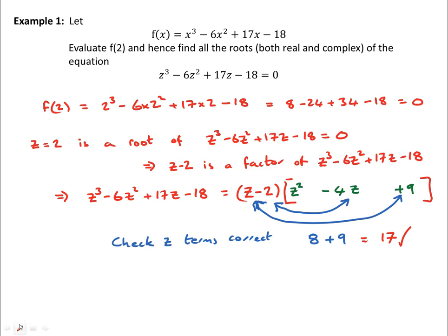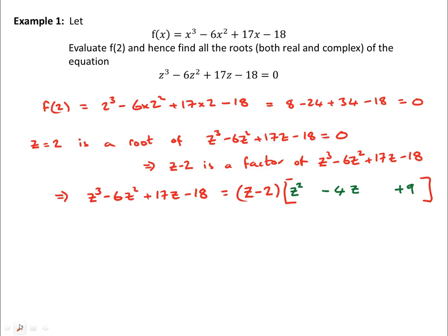So we now know the factorisation is correct. So if I want to solve z cubed minus 6z squared plus 17z minus 18 equals 0, I know that either z minus 2 equals 0 or z squared minus 4z plus 9 equals 0.